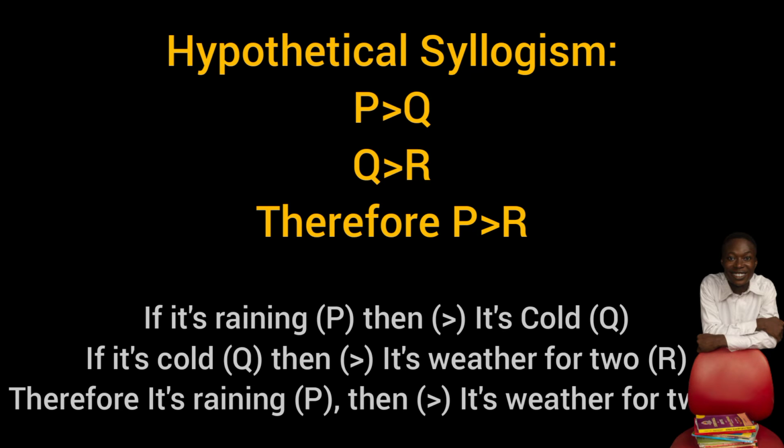Now, the next premise is Q implies R, and the statement is if it's cold, then it's wet. So the conclusion P implies R: if it's raining, then it's wet. It's as simple as that. P implies Q, if it's raining, then it is cold. Q implies R, if it's cold, then it's wet. Therefore, P implies R, if it's raining, then it's wet. I hope we get that too.